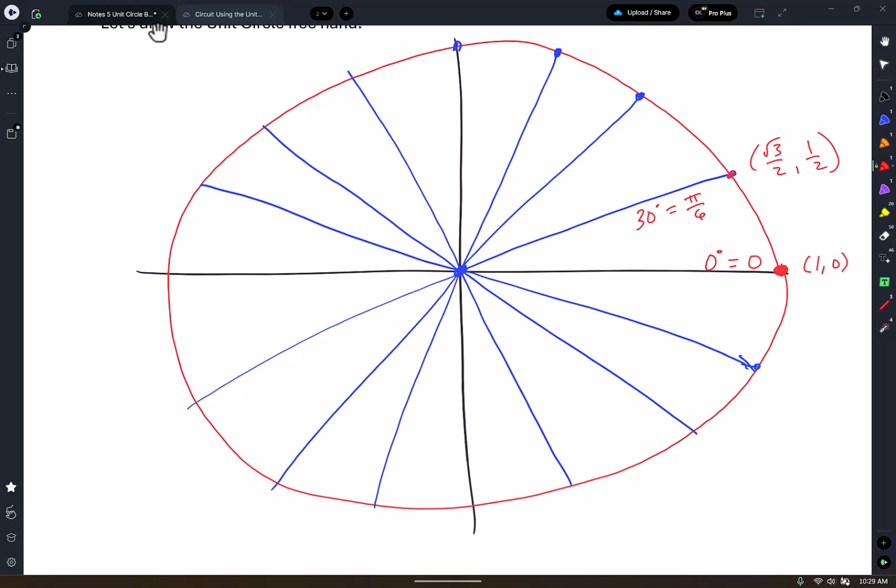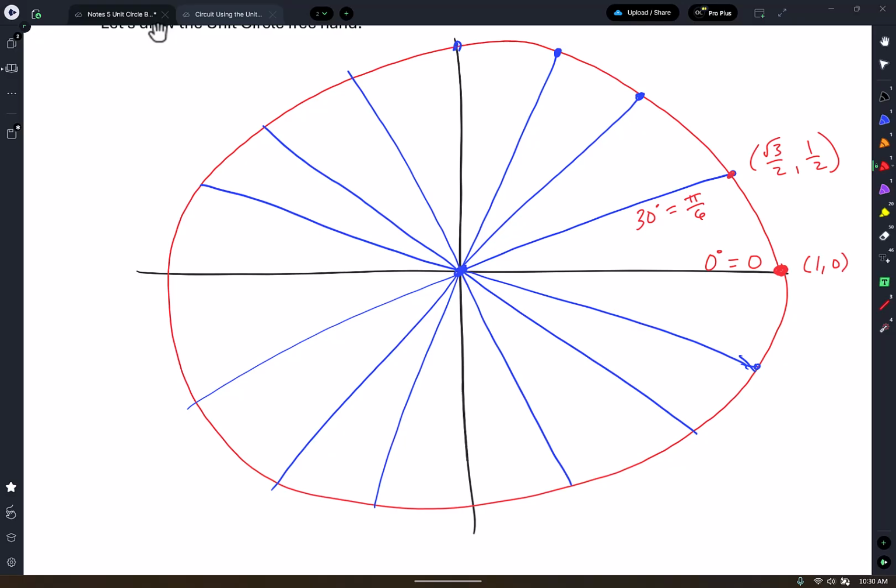Now, I just want you guys to observe real quick. As I go counterclockwise, here I am in quadrant 1. I start at 1, 0. The x value starts getting smaller, and the y value starts getting bigger. Do you guys notice that? See, that was 1, 0. As I go towards 30 degrees, square root of 3 over 2 is like 0.866. So the x value got smaller, and the y value went from 0 to 1/2.